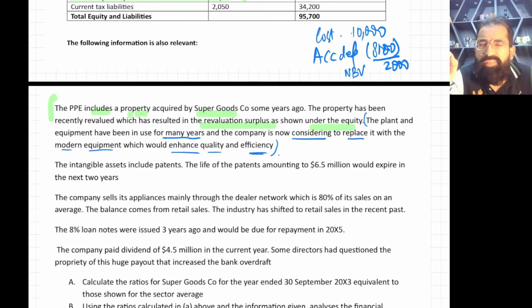Now use your brain. When you need to replace it in the near future, definitely you need funds, so you need to check your cash position. The second option, if you don't have cash, is to take a loan. But for a loan you need to check your gearing, whether your gearing allows you to borrow more or not.